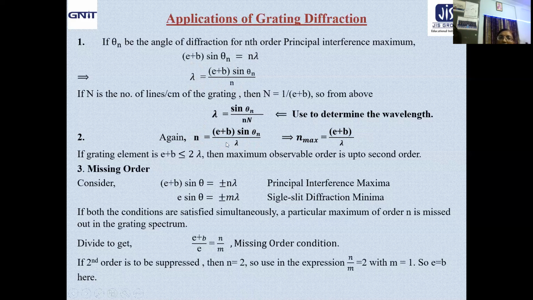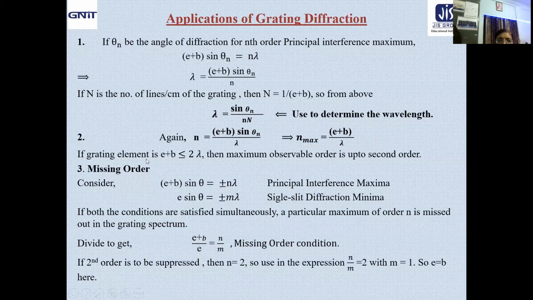Clear? Now, how to get n maximum? If sine theta comes out to be 1, then you will get n maximum. That means n maximum, the maximum observable order for the resultant diffraction pattern, is (e plus b) by lambda for N slit diffraction or grating case.